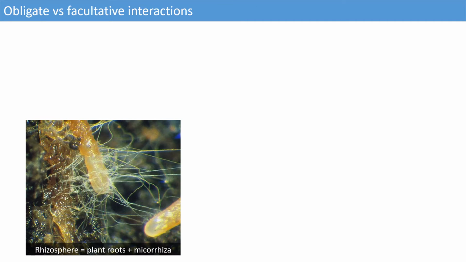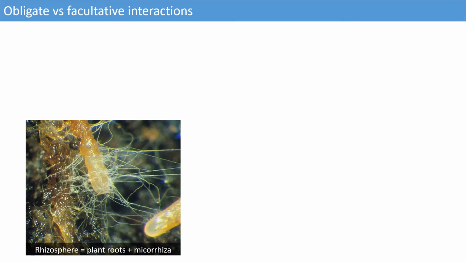Plant interactions can also be classified into obligate or facultative. So obligate interactions are absolutely necessary for both of the organisms to be able to survive, whereas facultative interactions can either happen or not happen with different consequences for the fitness of the organisms, but usually their absence is not lethal.